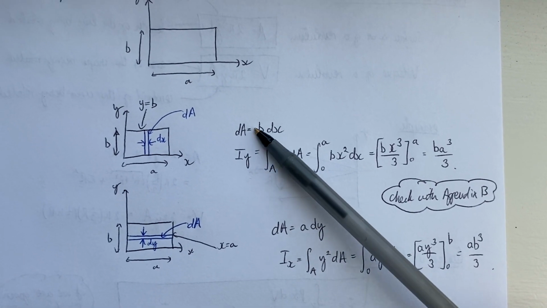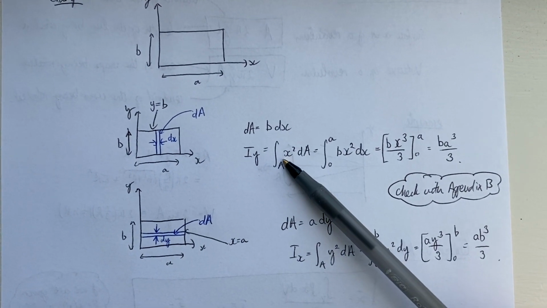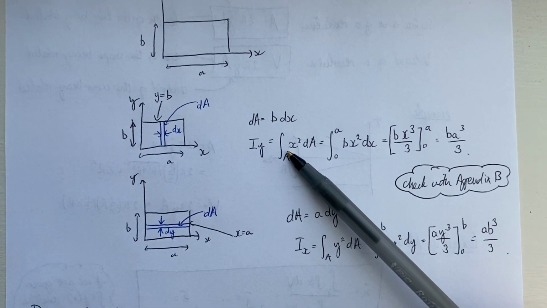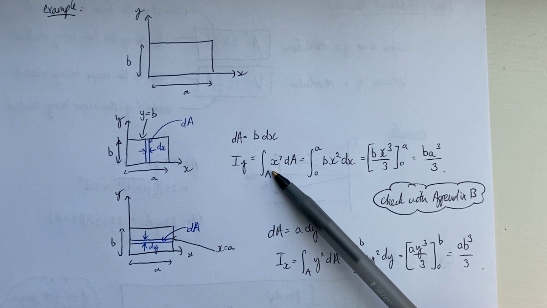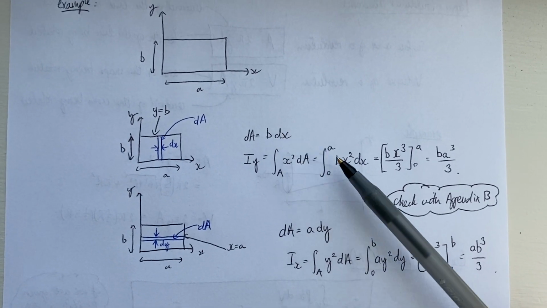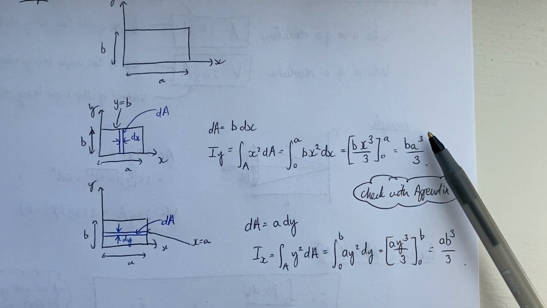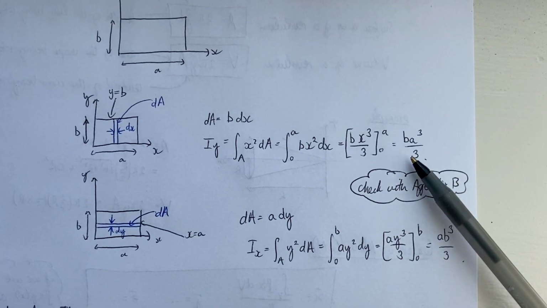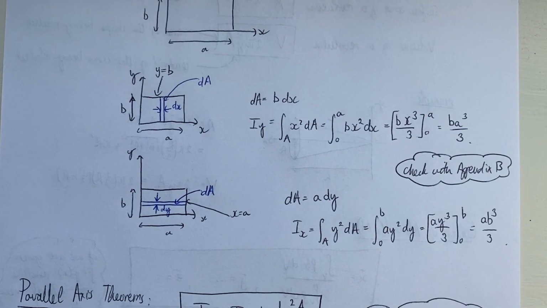and therefore we can plug this straight into the equation for moment of inertia about the y-axis. So we just integrate x squared with respect to dA. We've worked out what dA is, it's just b dx, so therefore we can work this out to get this solution here, b a cubed over 3.